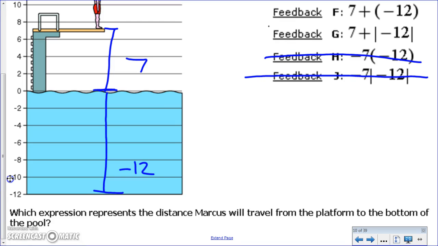Right, so we're covering 7 from the diving board to the water, to the 0, and then down 12. So it's -12. But since we want the total distance he travels, we want the absolute value of 12. So our answer is going to be G.